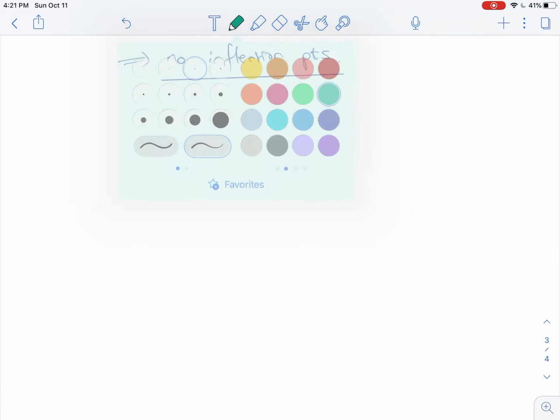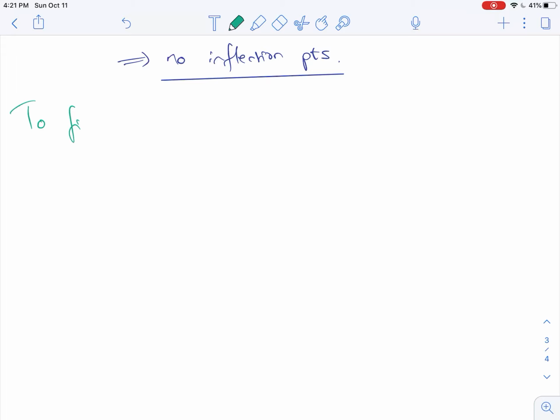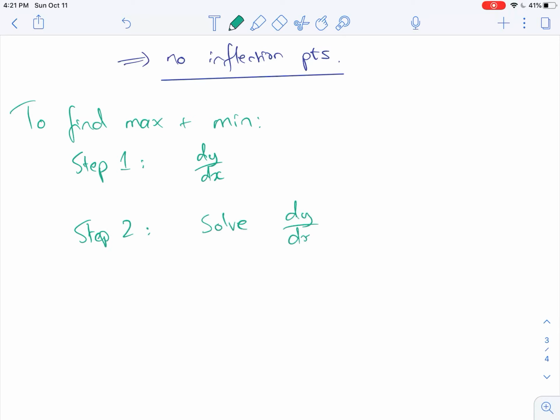Okay, so just in summary, to find max and min, just a few steps. Step 1, find the derivative, dy dx, or f prime of x. Step 2, solve when the derivative is equal to 0. That tells us the points where there is a horizontal tangent line, which could look like any of the above.